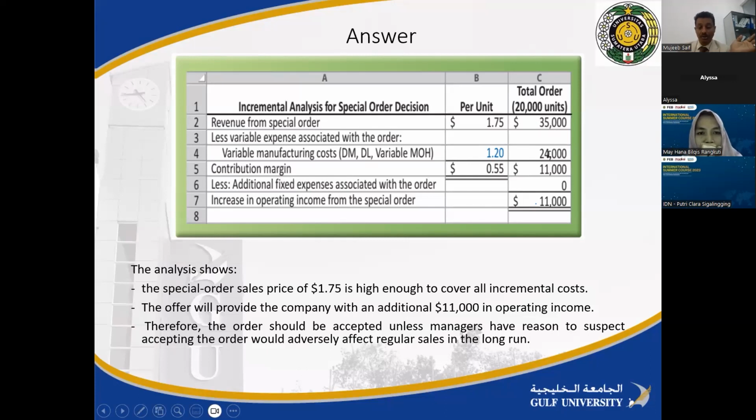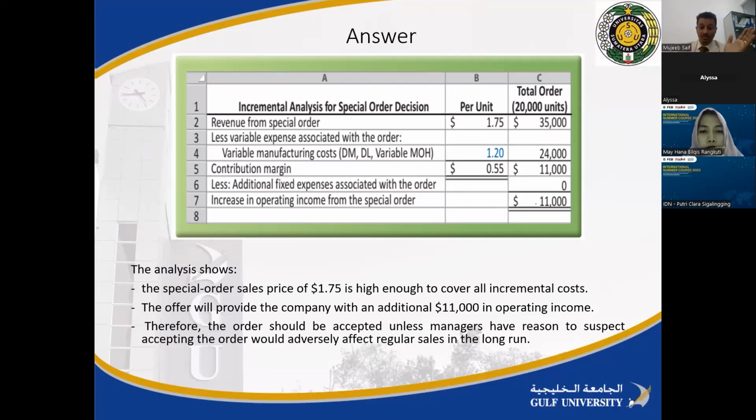There is another way to analyze this exercise and make a report. We can prepare another table, one column for operating income if we do not accept, and another column for operating income if we accept, and we will see how much the operating income changes.